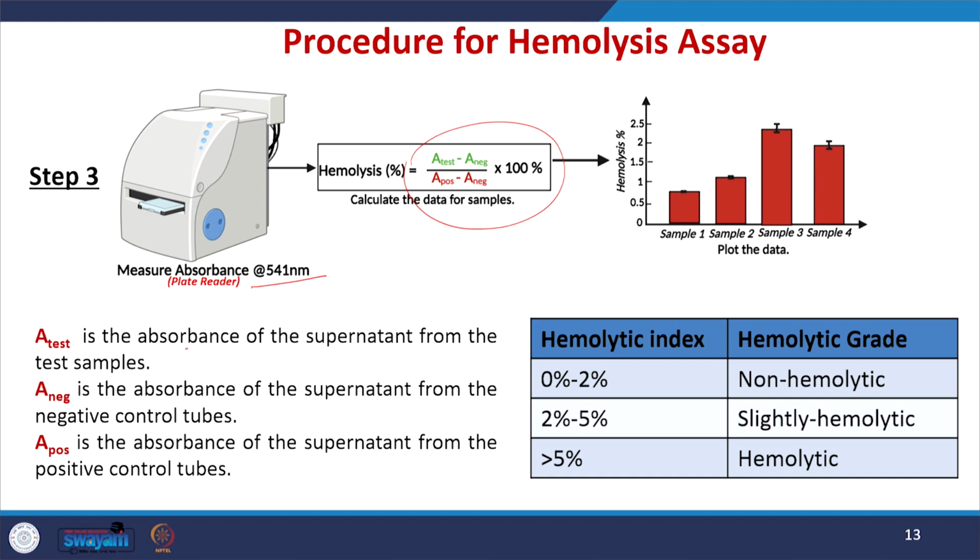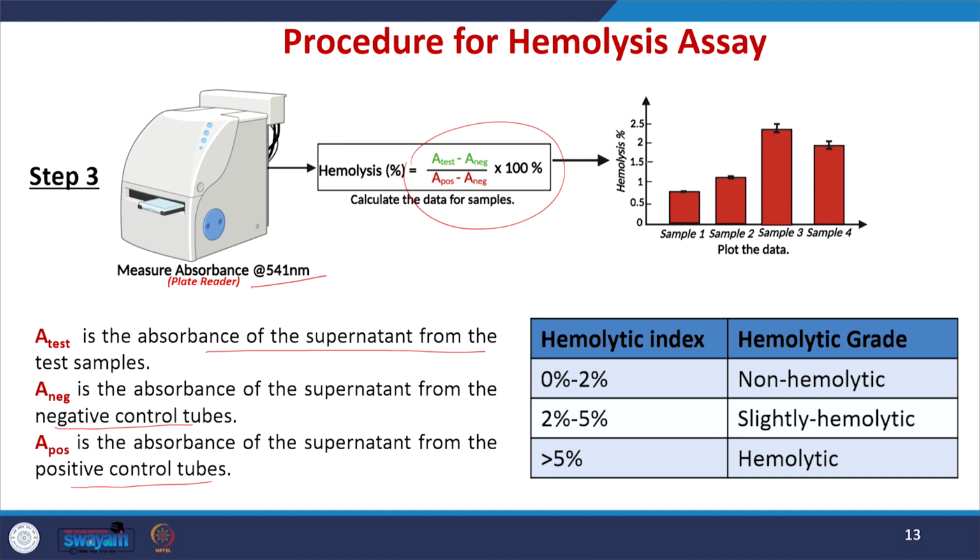A test is the absorbance of supernatant from the test samples, A negative is the absorbance of supernatant from the negative control tubes, and A positive is the absorbance of supernatant from the positive control tube. For the negative control we use only saline, and for the positive control we use water, or some kind of detergent which can completely damage the RBC membrane and release all the hemoglobin. That is your positive control tube.